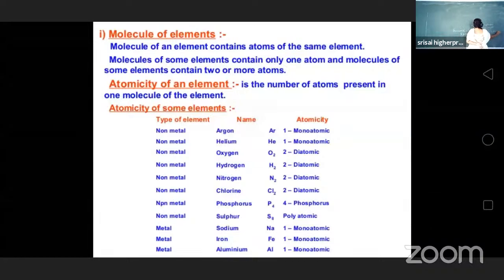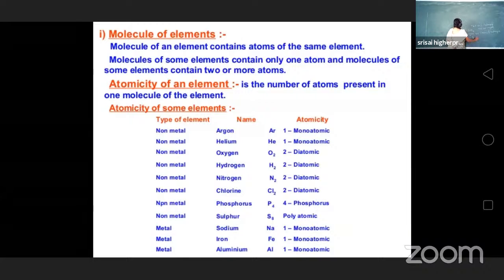What is the carbon dioxide formula? CO2. How many atoms can you find in CO2, students?